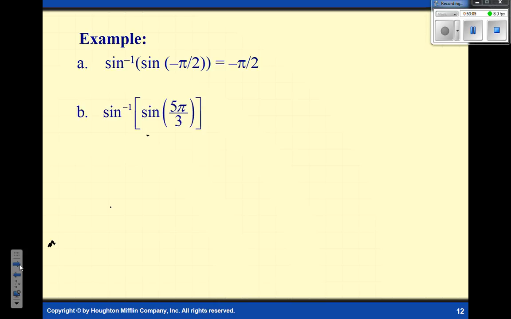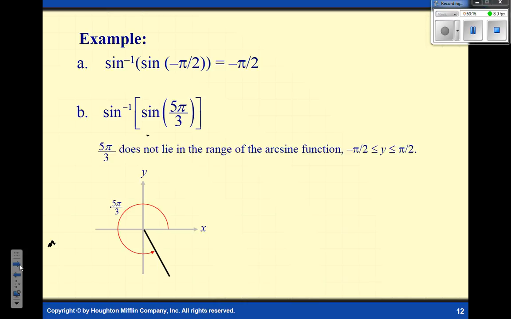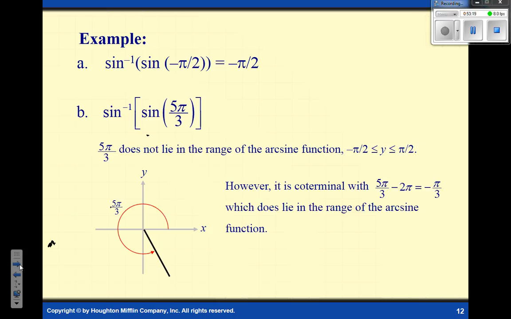Okay, but here's my last example for this, and this is the counterexample to the general statement that he made. In this case, I cannot simply cancel out the sine and the inverse and make my answer 5 pi over 3. Why not? It's outside of the range restriction. Sine can be from negative pi over 2 to positive pi over 2.